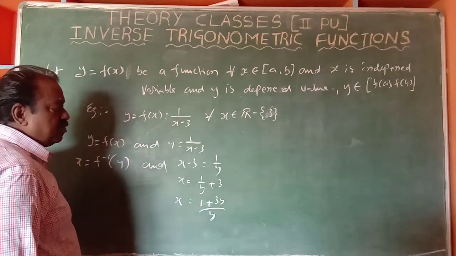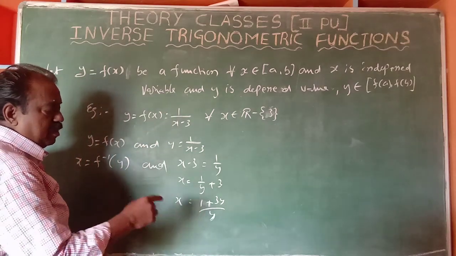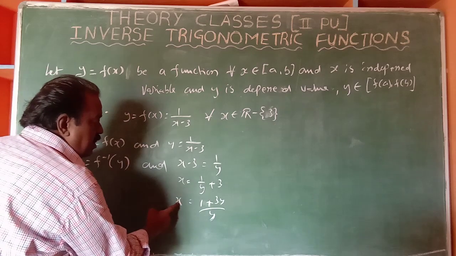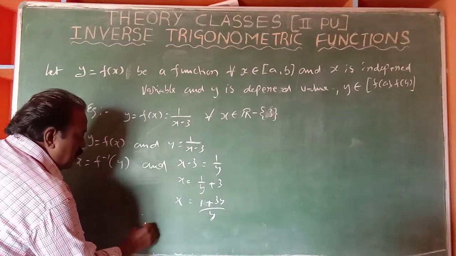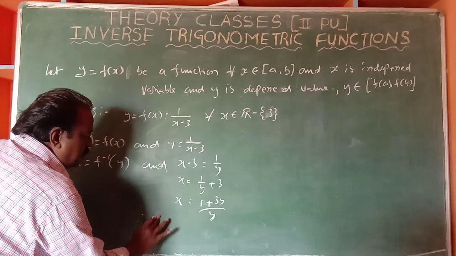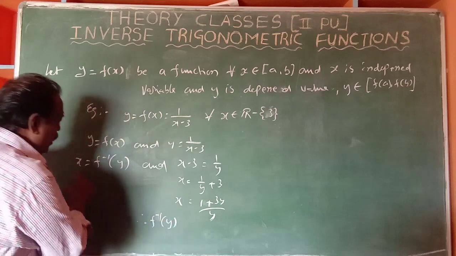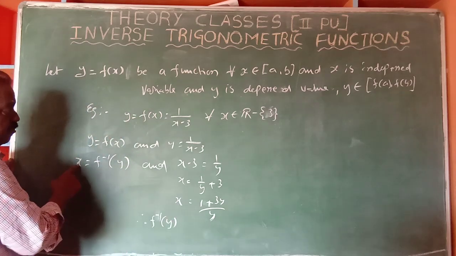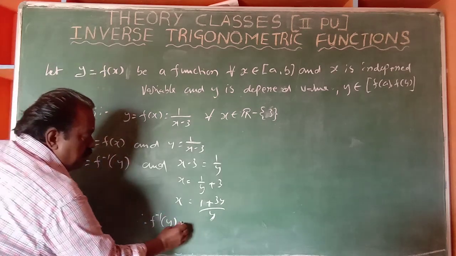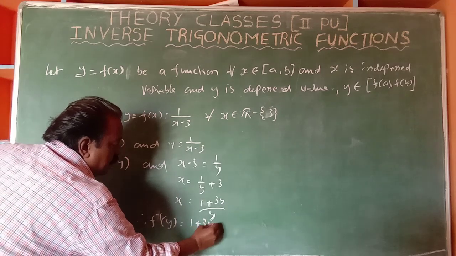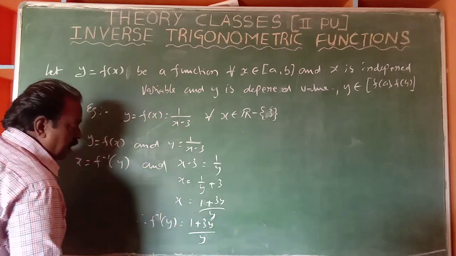Now, what is x? x is f inverse. Therefore, f inverse of y, because here x is equal to f inverse of y. That is the notation. f inverse of y is equal to 1 plus 3y by y.